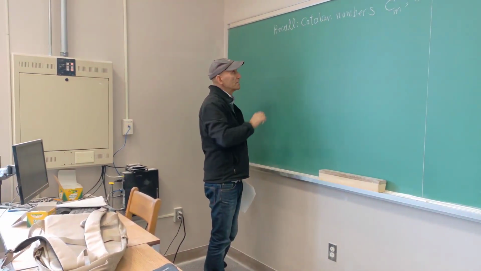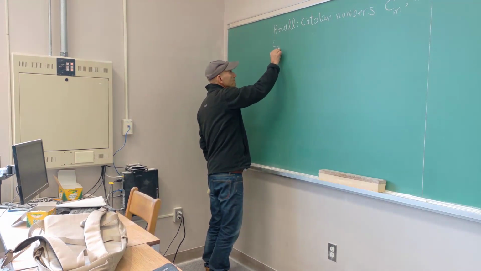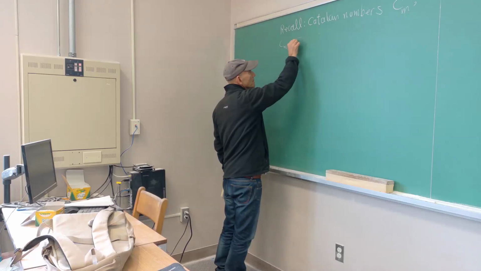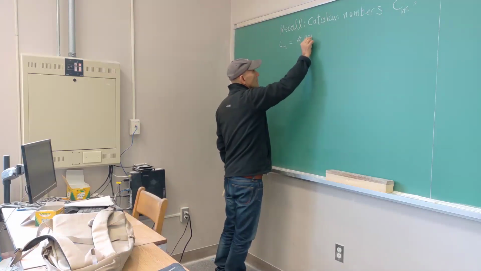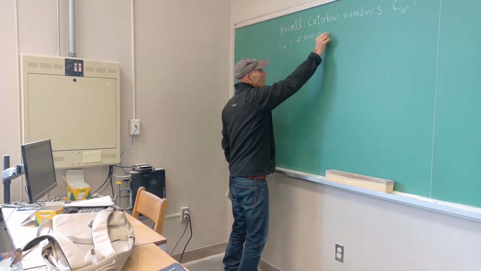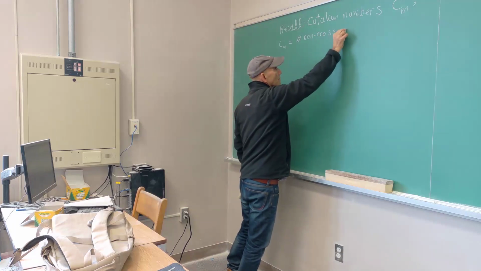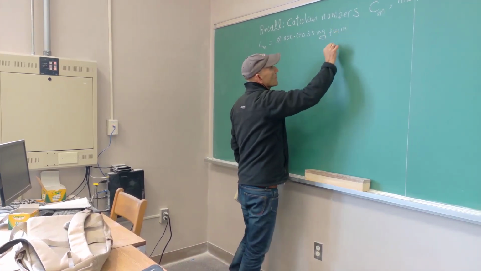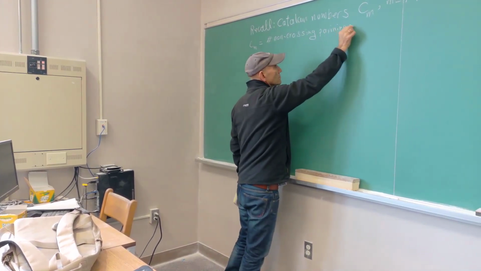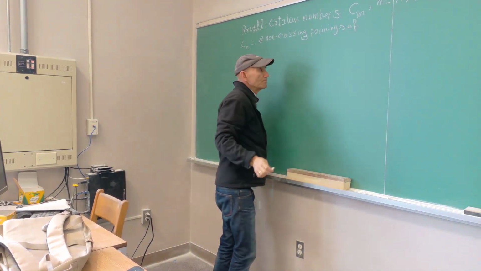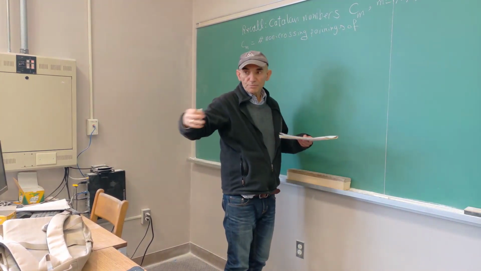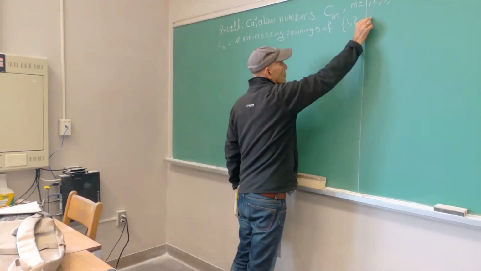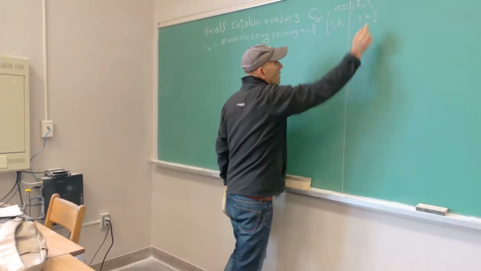And we define these C_n to be the number of non-crossing pairings of a set of 2n objects, basically, you can say 1, 2, ..., 2n.